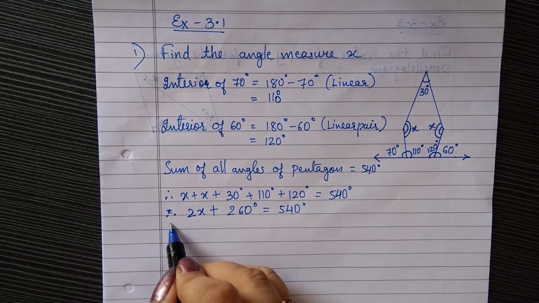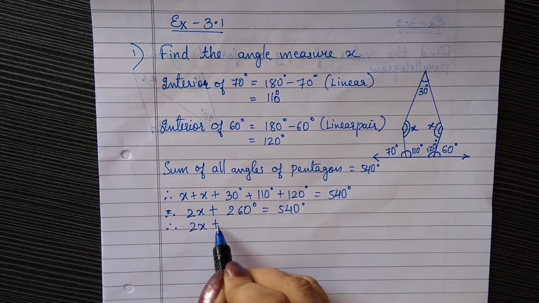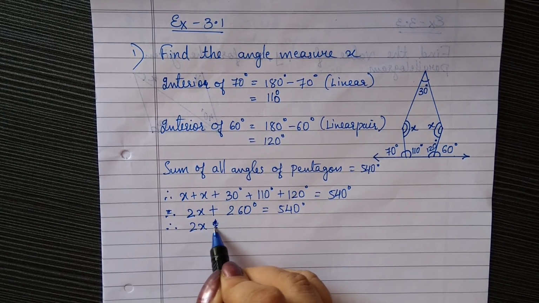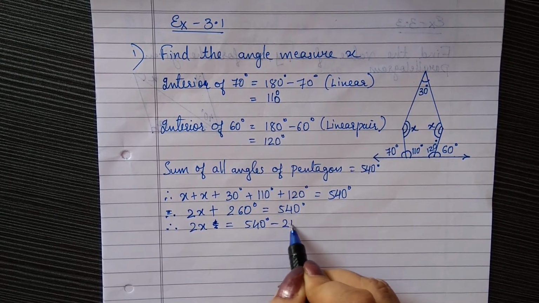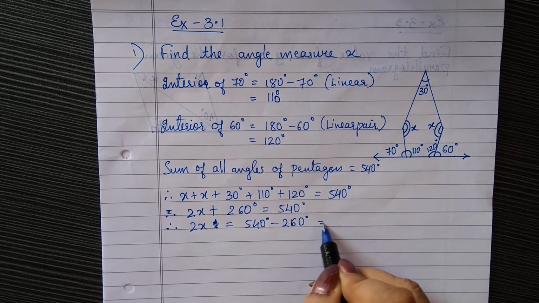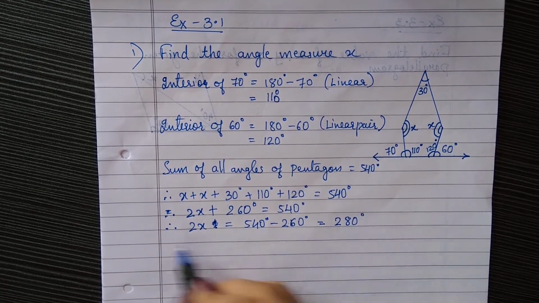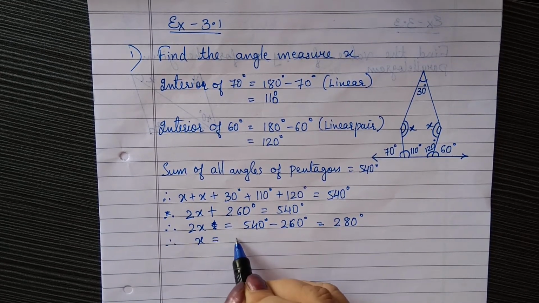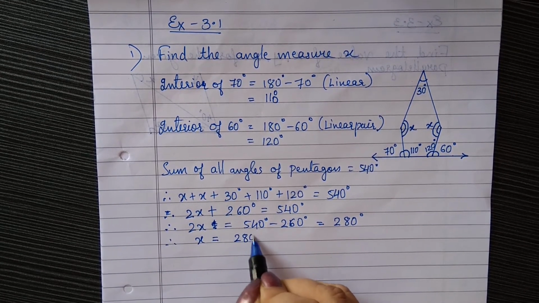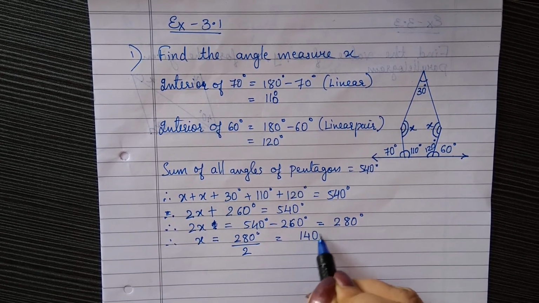Right, now we will change the side of 260-degree. So 2x will be 540 minus 260 and that is 280. Now we will get the value of x. So we will change the side of 2. It will be 280 divided by 2, which is equal to 140-degree.